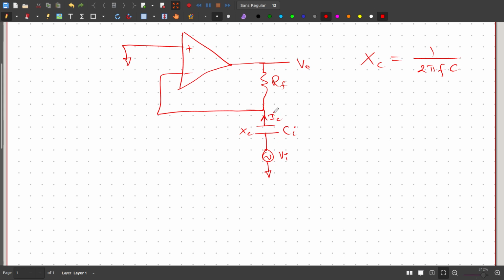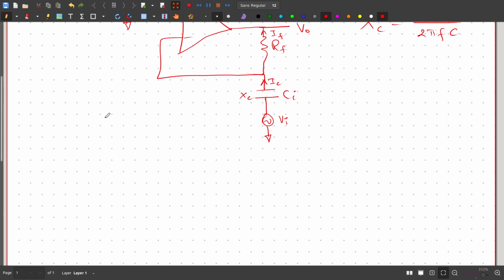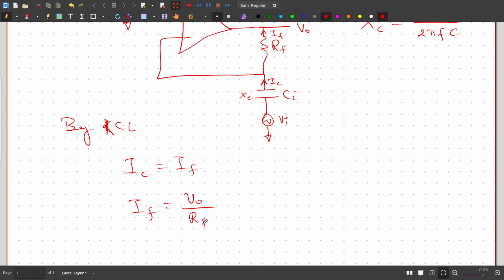Therefore the input current must be equal to the feedback current. So by Kirchhoff's current law, IC equals IF. And IF, we already know, is the output voltage divided by the feedback resistance.